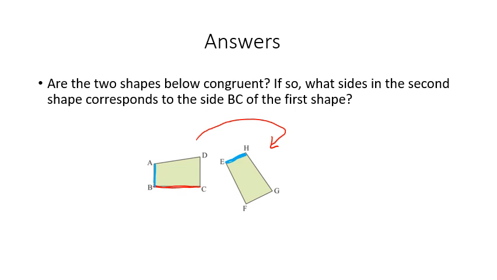And we know that BC is not on a diagonal, but it's actually straight along this way. So therefore, we know that it must be EF. So the side that corresponds to BC is actually the side EF. And yes, they are congruent.